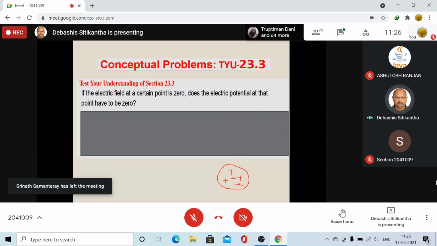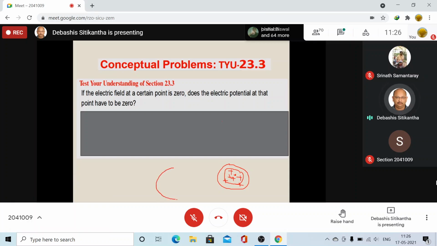If I consider this point, I have to draw a Gaussian surface, and the Gaussian surface is going to enclose some charge. If it encloses charge, then naturally the field is never going to be zero. Whereas if you had said it is a hollow conducting sphere, then the answer would have been correct.